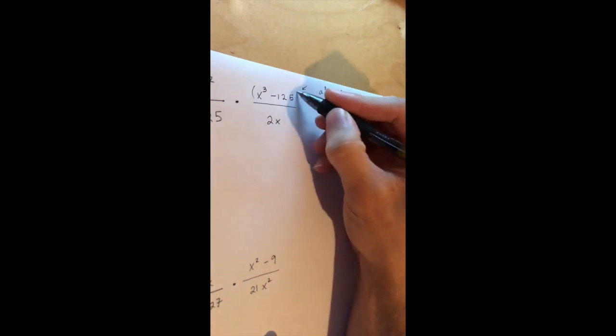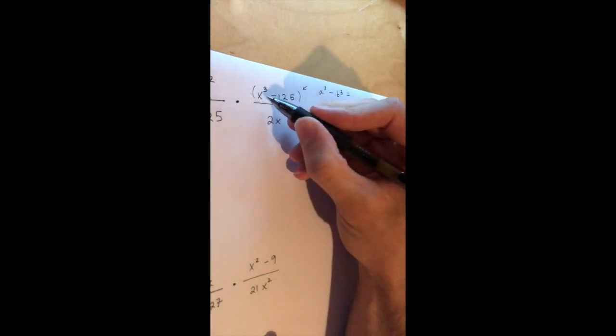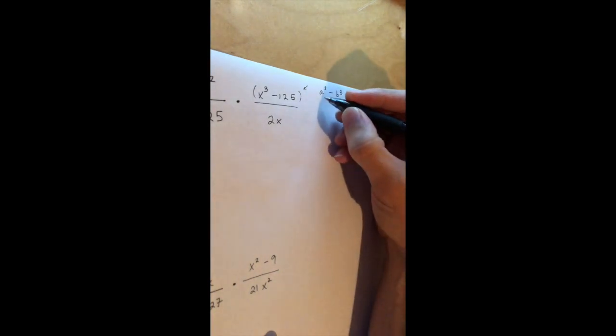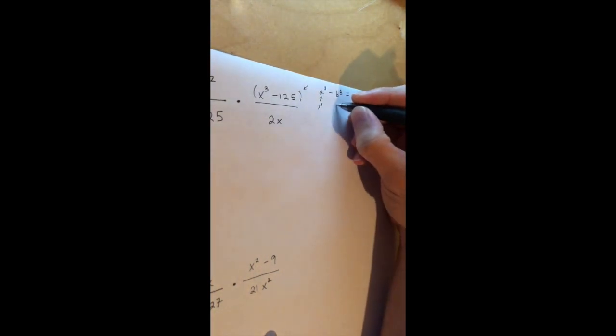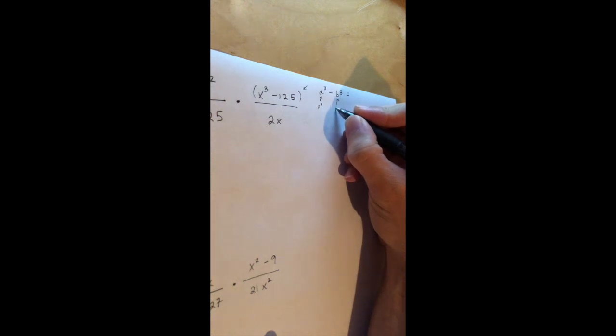So you can see this x cubed minus 125 part: a cubed has to correspond to x cubed. So that means x corresponds to a, and the b cubed has to correspond to 125. So that means b is going to be 5, because 5 cubed is 125.